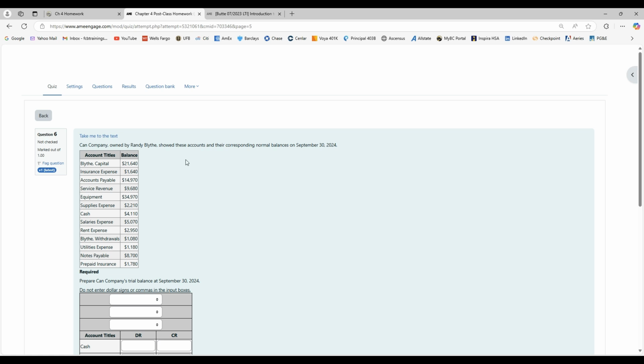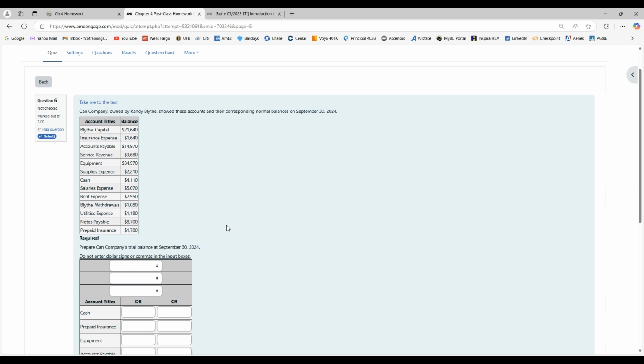Okay, in question number 6 here, we have this company. We've got a bunch of accounts with their normal balances. And I think what they're trying to play out here is that they're not in order necessarily. They're not organized.